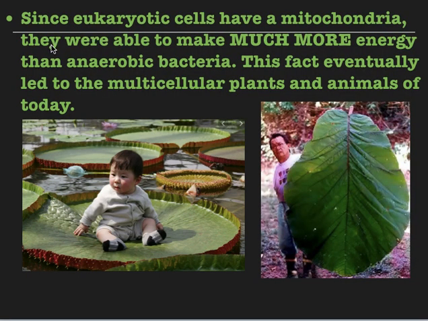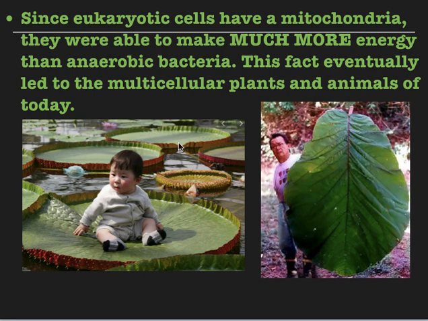But when plants evolved on planet Earth, they have mitochondria and chloroplasts. So the chloroplast uses carbon dioxide, which was in early Earth's environment, and plants actually produce oxygen as a waste gas.